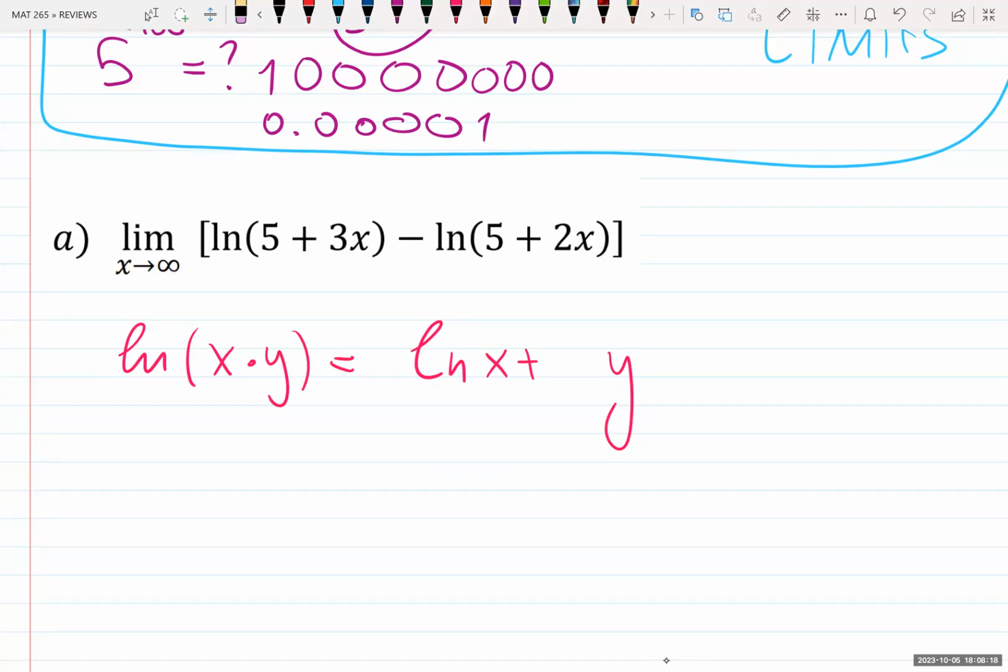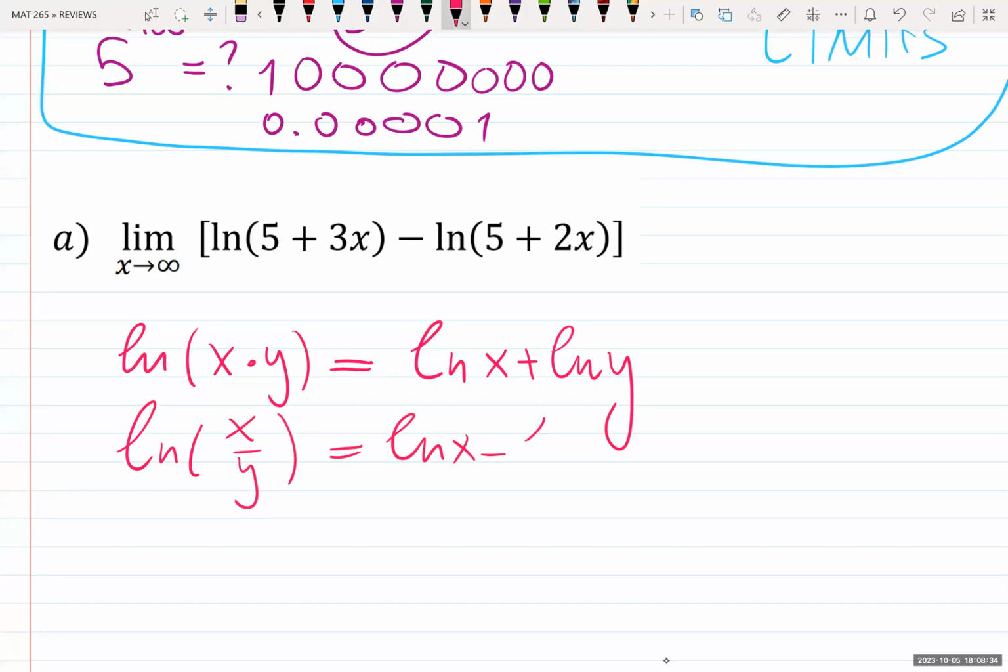Product is fast. It also takes space when you code it in a computer. So it's very handy, and people use log a lot to slow down the process. ln looks at the quotient and makes a difference out of it. Finally, ln looks at the power and makes a product out of it.